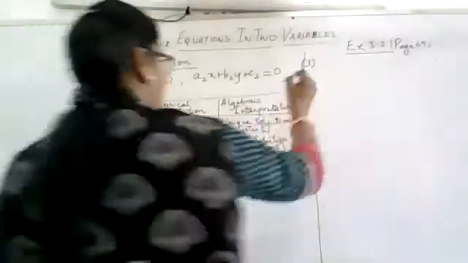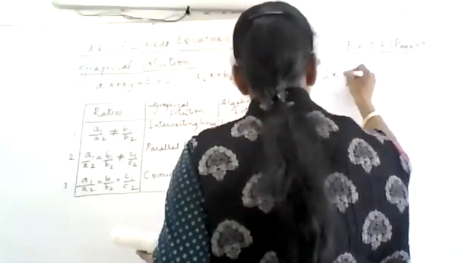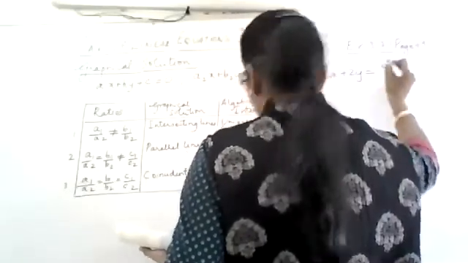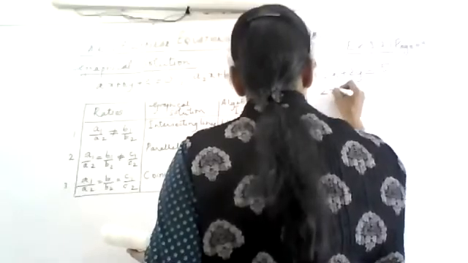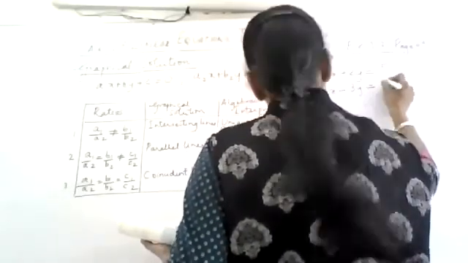So the third main I am taking the first question, that is 3x plus 2y equals 5. And the second is 2x minus 3y equals 7.